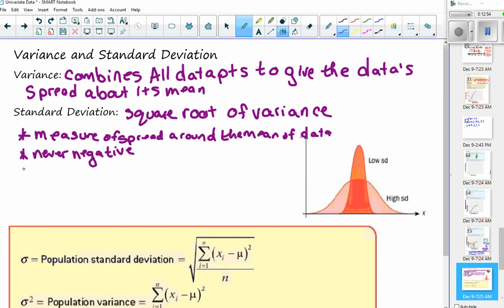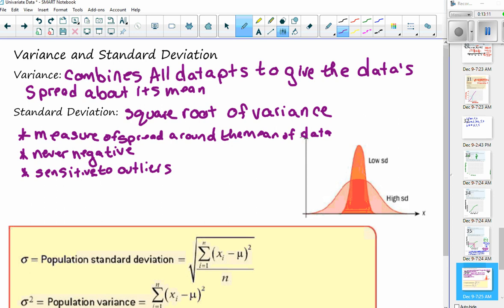And then it's very sensitive to outliers. So if there is an outlier, it's definitely going to skew your standard deviation quite a bit.